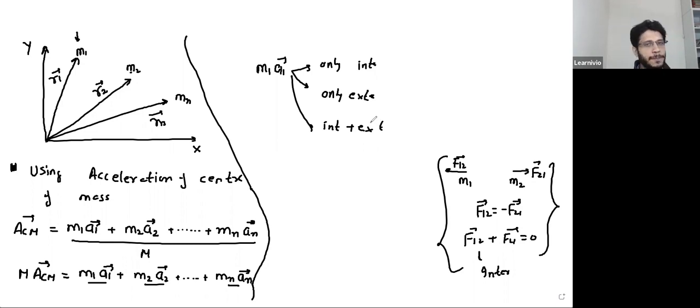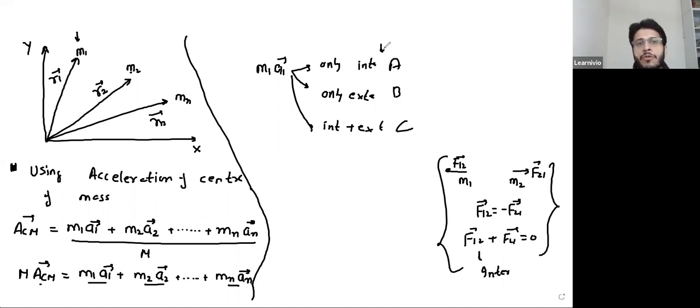Tell me. Just read the statement that I wrote in the previous slide. In the first line, I wrote that internal force can affect the motion of individual particles, right? So if you read the first line, your answer could be internal.